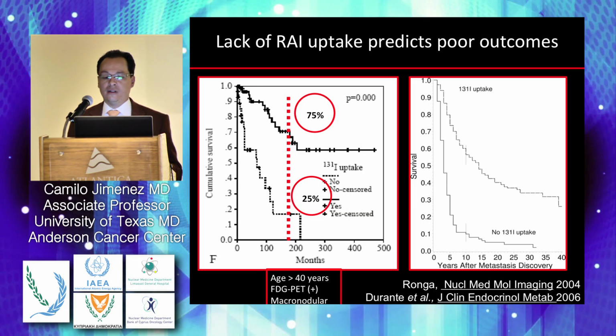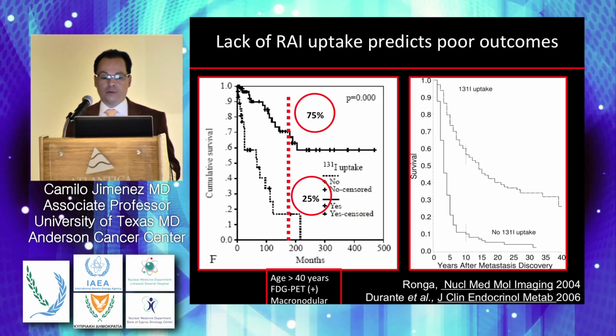If you do it in general for patients with metastases here, including not only lung but also bone metastases, you can see that in those who have radioactive iodine uptake, the survival rates are much better than the ones that we have in patients who do not have radioactive iodine uptake. So in summary, the lack of radioactive iodine uptake predicts a poor clinical outcome.